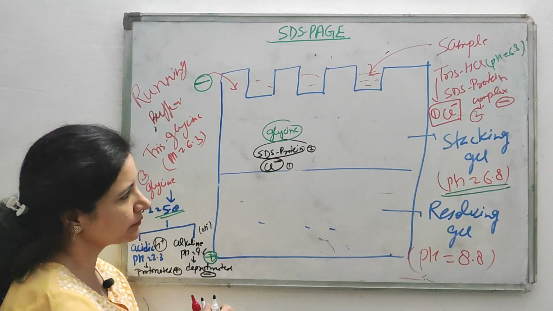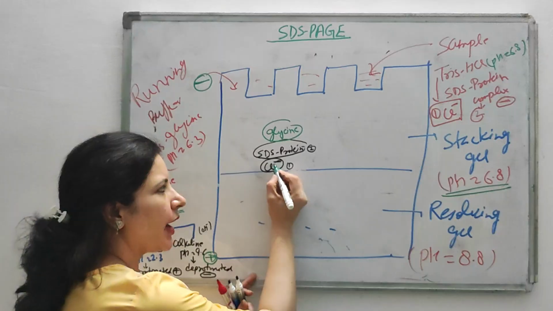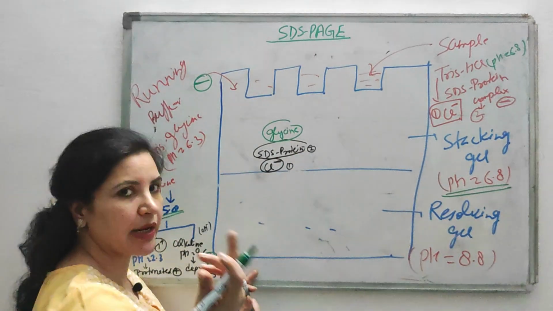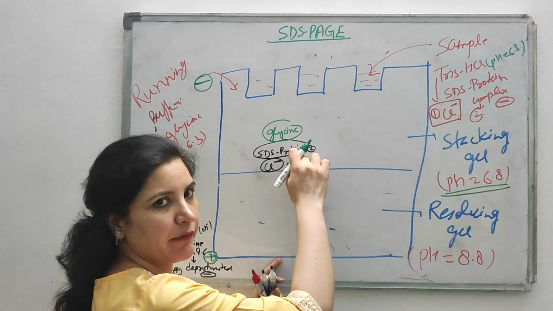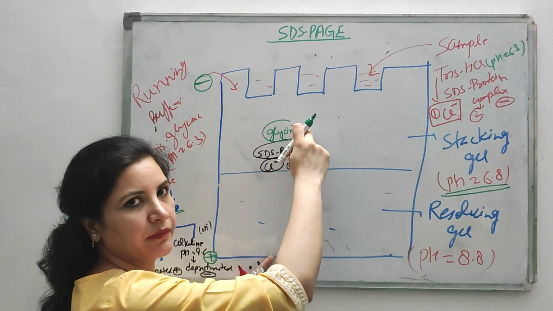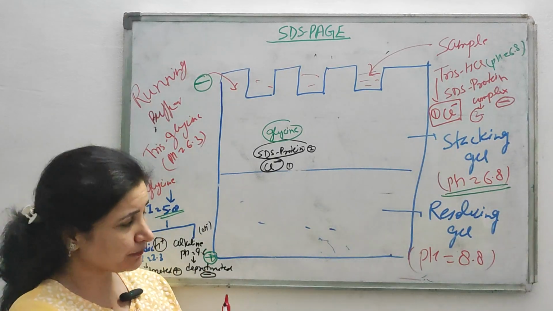Okay, so chloride is smaller in size and negatively charged, so it moves first. And SDS protein, all proteins carry negative charge, so it will come later, and glycine being neutral is in third position. Okay, so by this all proteins are separated in this gel.